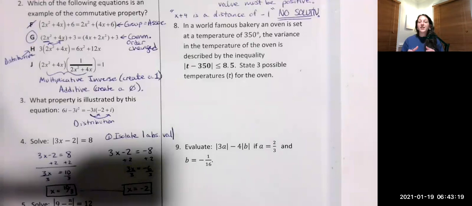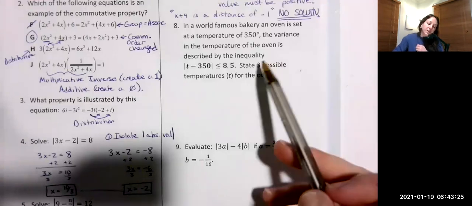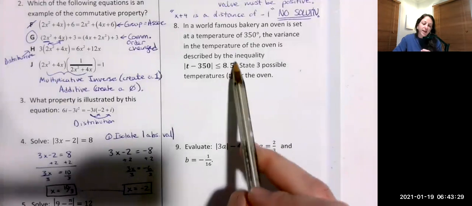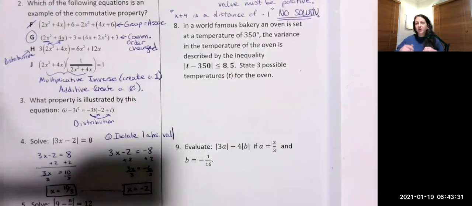It's basically saying that, yeah, your goal was 350, but you might be low a little bit or you might be high a little bit. So for this example, they're saying that the variance is set by 8.5 degrees. So it could be as low as 8.5 degrees below 350 or as high as 8.5 degrees above 350.